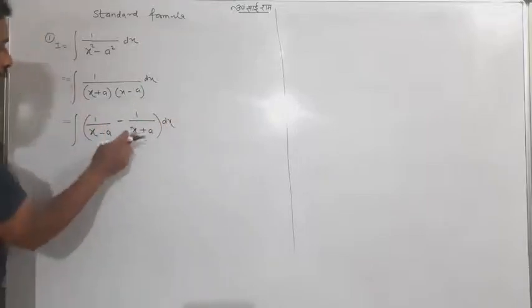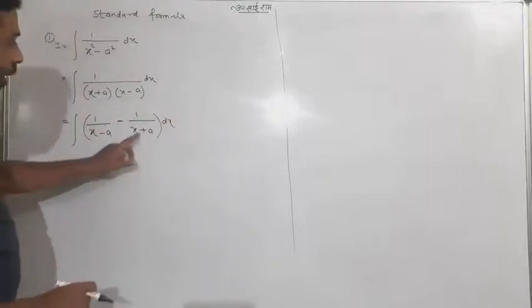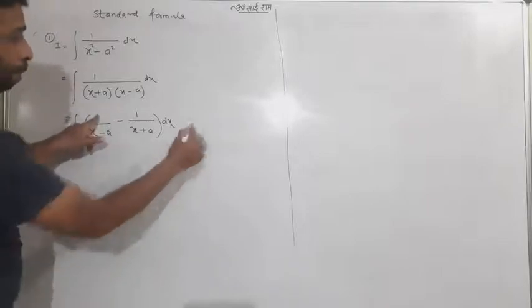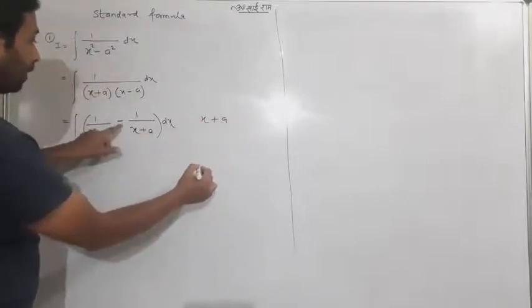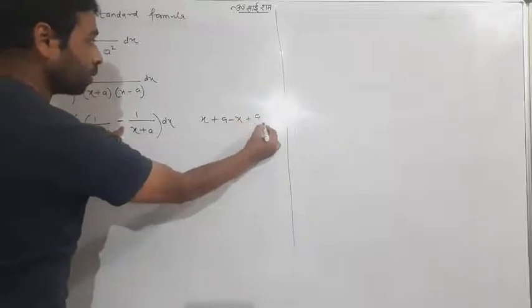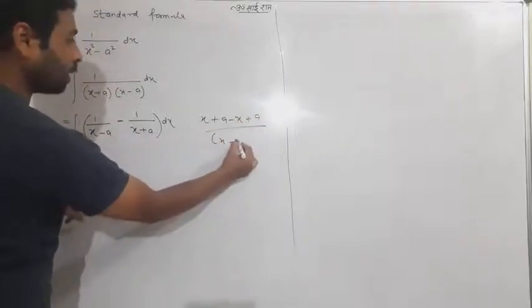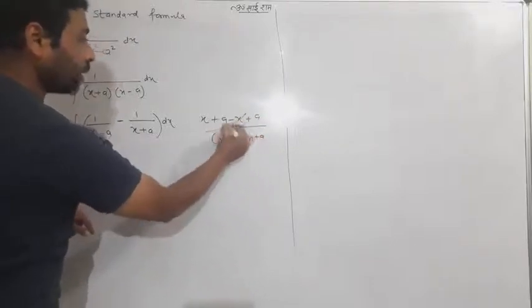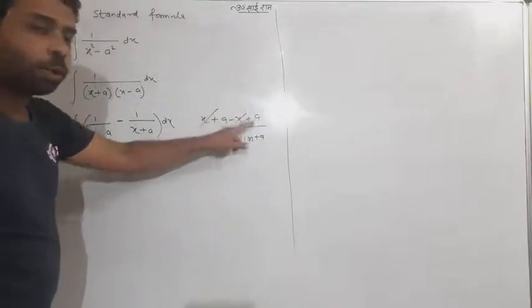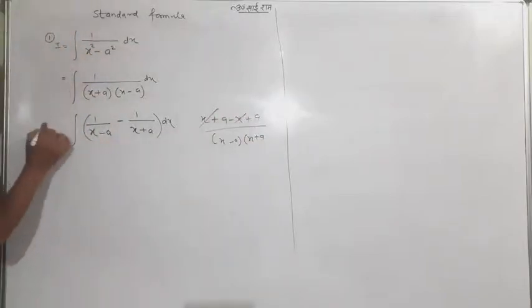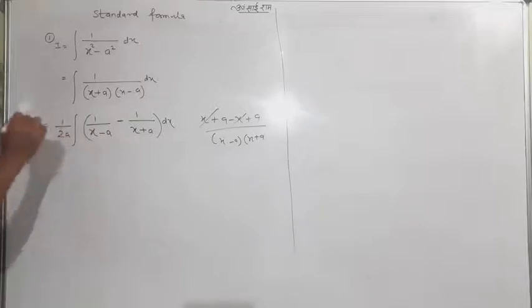If you take an LCM, x plus a minus x plus a upon x minus a and x plus a. You know x and x cancel, and we get 2a. So I want to write 2a here.